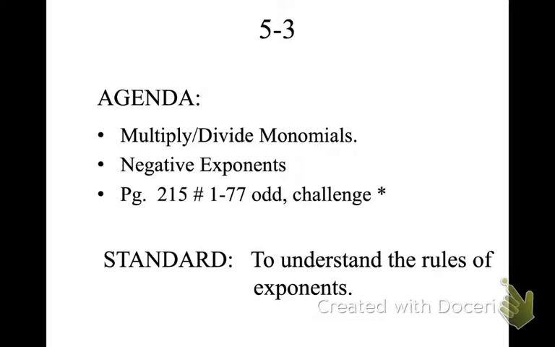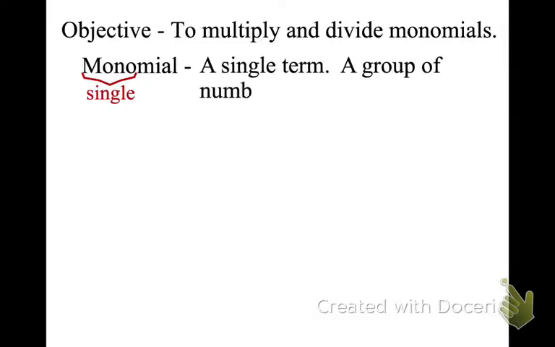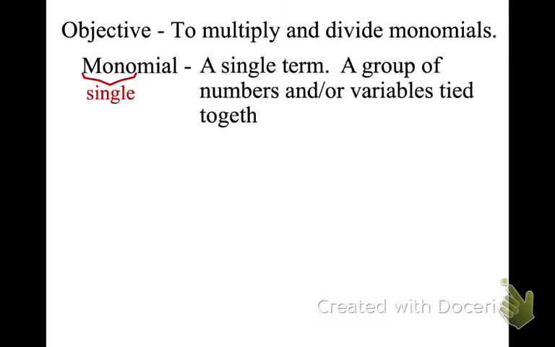So we're continuing to work more with the rules of exponents. All right, so first let's talk about what is a monomial. A monomial is one term. Mono means one as opposed to poly, single term.